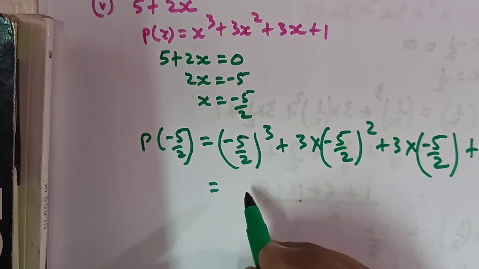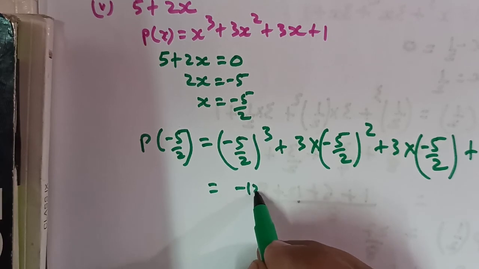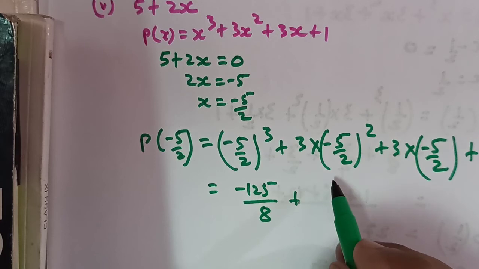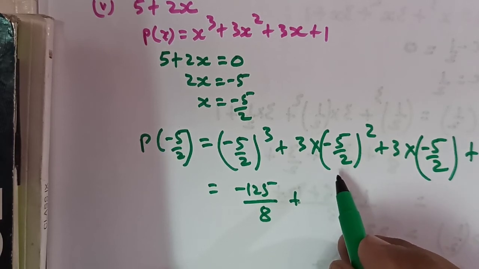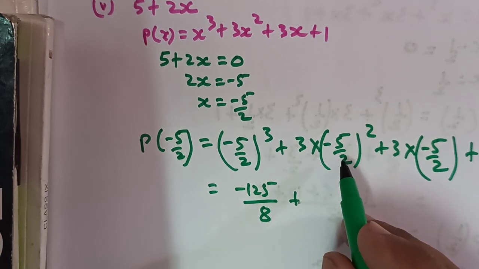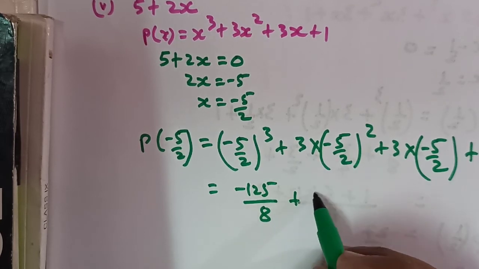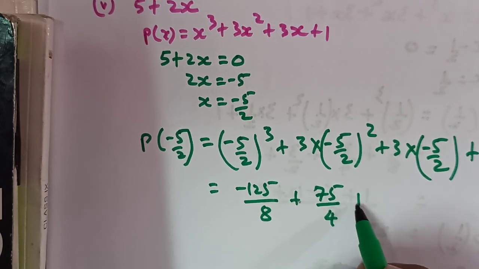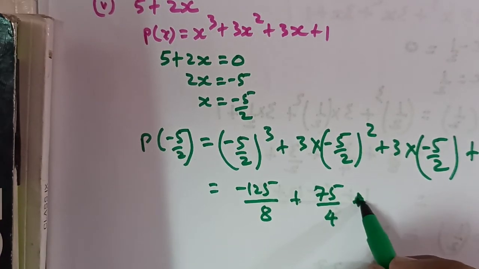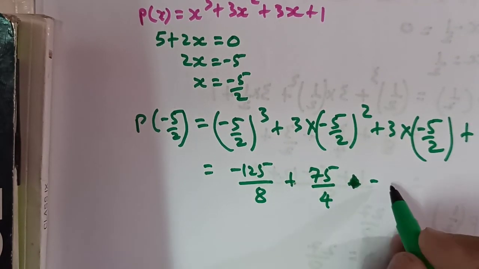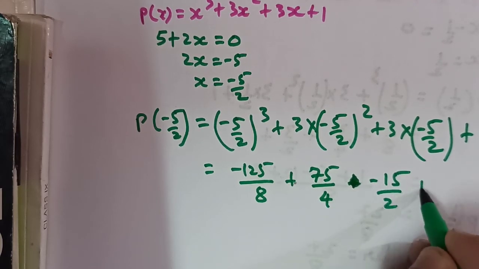So it will be cube of minus 5 is minus 125 upon cube of 2 is 8, plus 3 times square of minus 5. Square of minus 5 is plus 25, 25 times 3 is plus 75 upon square of 2 is 4, plus, sorry, it will be minus, because plus 3 multiplied by minus 5 will be minus 15 upon 2, plus 1.